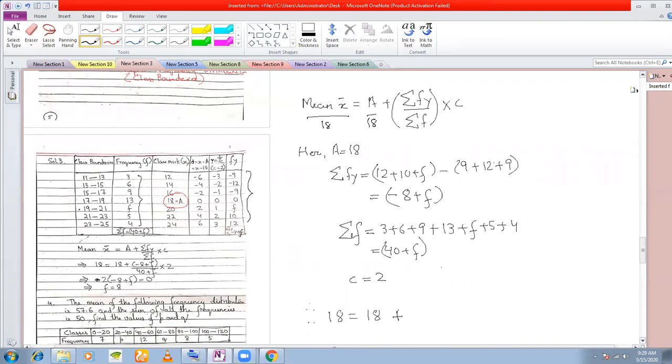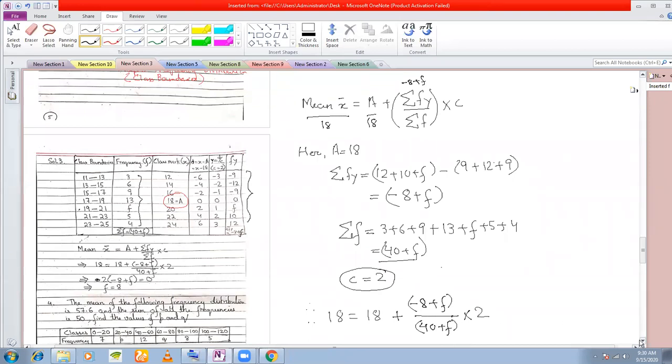Next, plus summation fy, or sigma fy, is minus 8 plus f. So this quantity in the numerator is minus 8 plus f, divided by sigma f. Sigma f here is 40 plus f, into the class width. Class width here is 2.